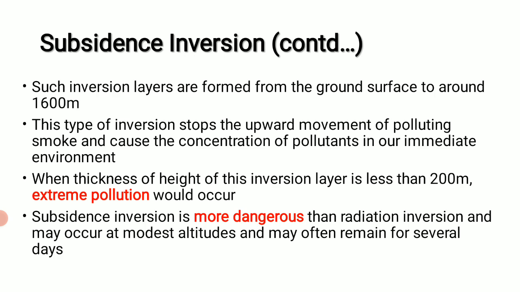When the thickness of this inversion layer is less than 200 meters, then extreme pollution is said to occur. Moreover, this subsidence inversion is much more dangerous than the radiation inversion. Why? Because this kind of inversion will exist for several days, and thereby the impact on human beings as well as other creatures will be more compared to radiation inversion.